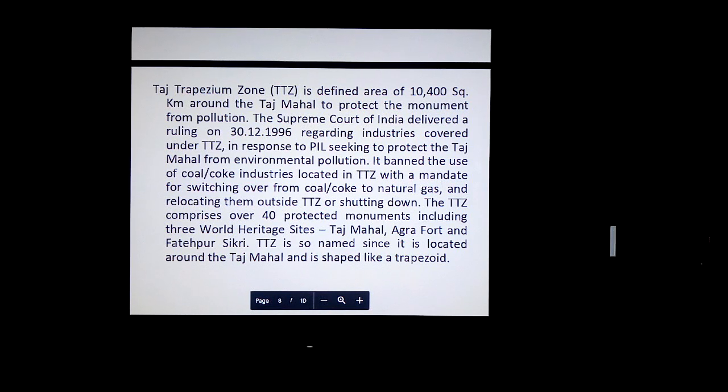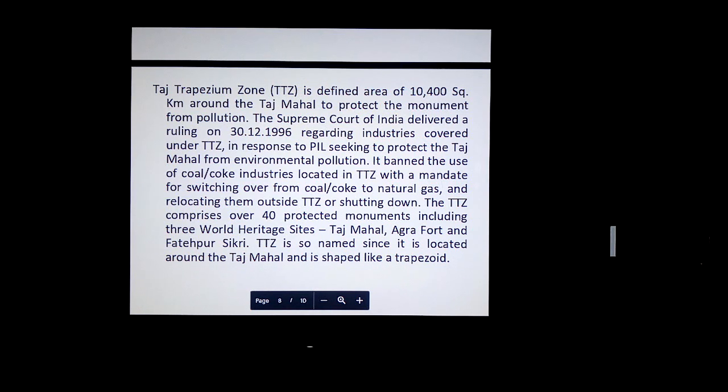That means they either switch over to natural gas instead of coal or coke, or they should completely shut down the industries. The TTZ comprises over 40 protected monuments, including 3 World Heritage Sites: Taj Mahal, Agra Fort and Fatehpur Sikri.